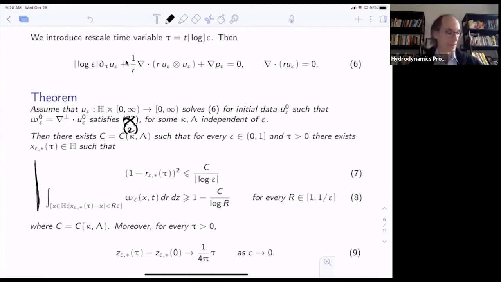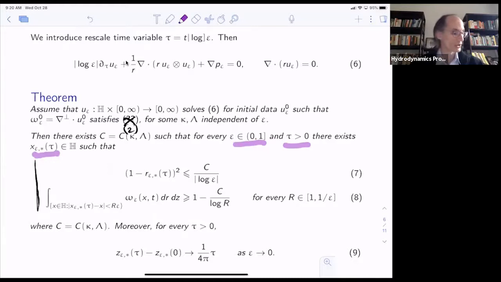They continue to hold at later times, and according to the previous lemma, they imply that for every epsilon and for every tau, so for every epsilon I have a different solution, but these statements apply uniformly to epsilons, and in particular for epsilon small, there exists an x star epsilon at time tau. We can think of this as being roughly the center of vorticity.